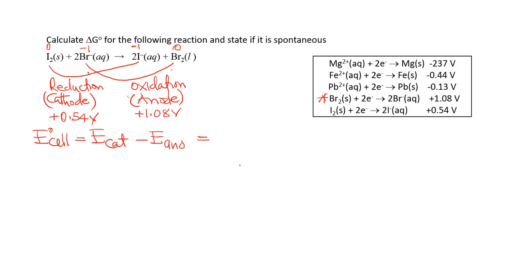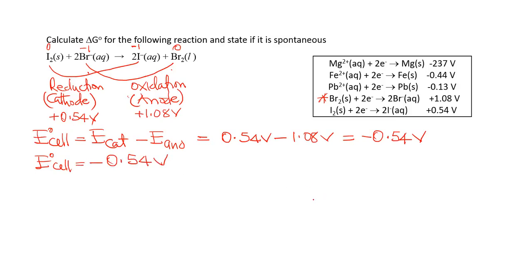which in this case is 0.54 V minus 1.08 V. And based on that, we get minus 0.54 V. So our E naught cell is equal to minus 0.54 V. So just looking at the E cell, you can see that the E cell is negative, so the reaction is non-spontaneous.